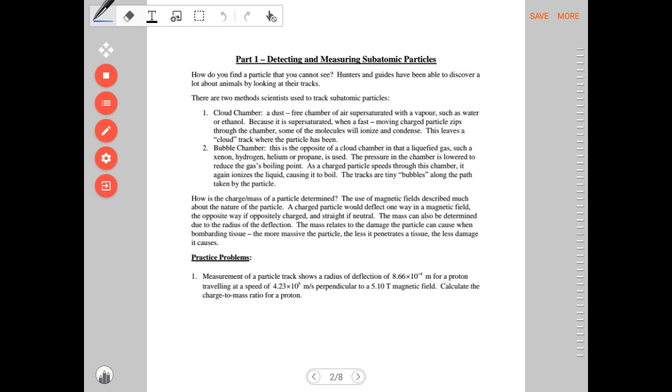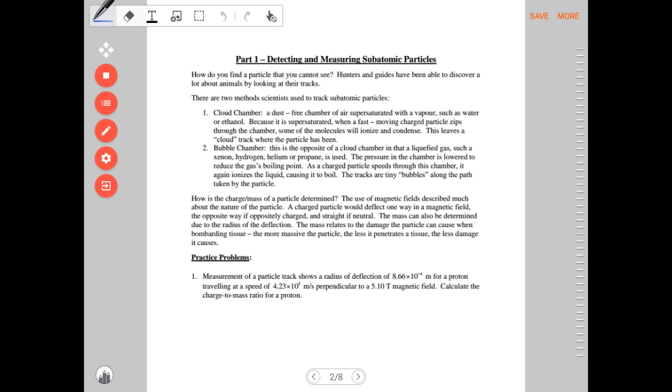Okay, because the air is supersaturated, when a fast-moving charged particle zips through the chamber, some of the molecules ionize and then condense. This leaves a cloud track where the particles have been. Okay, so the second method is a bubble chamber. This is the opposite of a cloud chamber in that a liquefied gas, such as xenon, hydrogen, helium, or propane, is used.